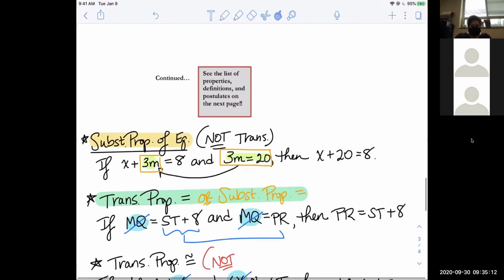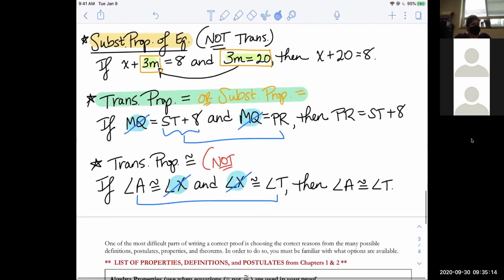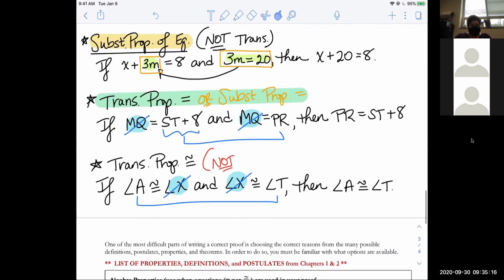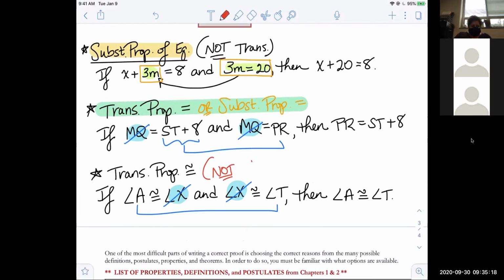Now, this is kind of confusing maybe at first, but this is an important distinction because you don't want to be missing problems because you're calling things substitution when they're not. Okay, substitution is only a property of equality. So that means this is only transitive.